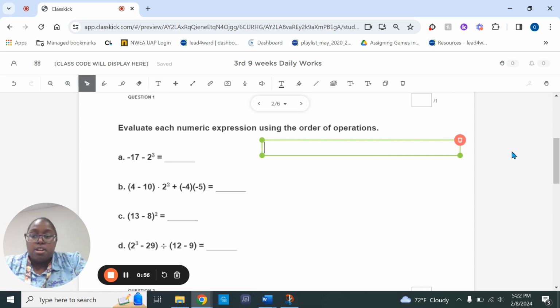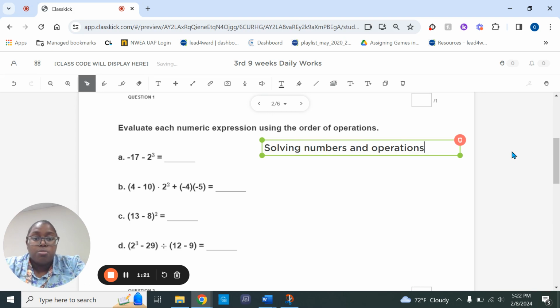evaluate. I've been asking y'all about this word these last 2 weeks. Evaluate either means solve or simplify. In the case of these problems, since we know the numbers and the operations, we are solving each numeric expression. Numeric expression is numbers and operations.